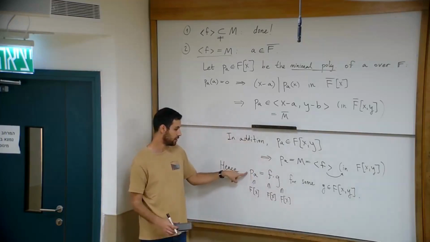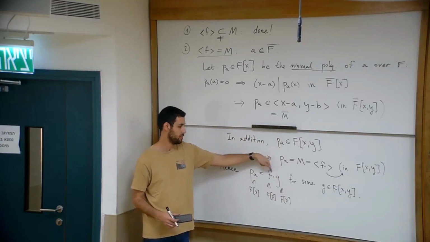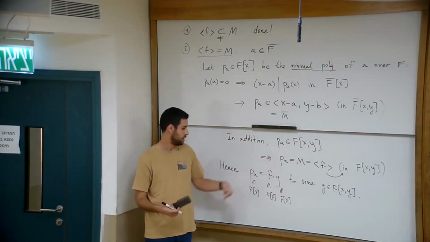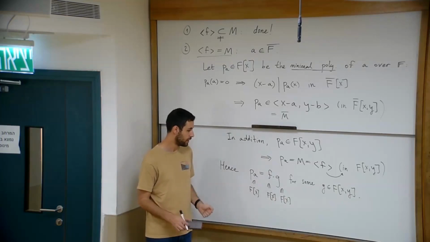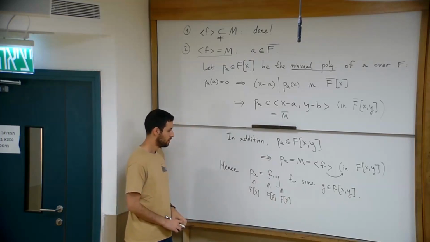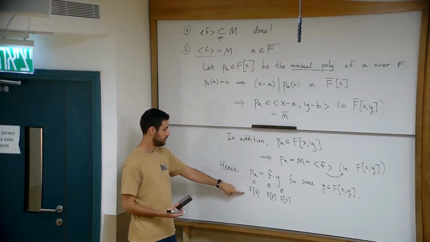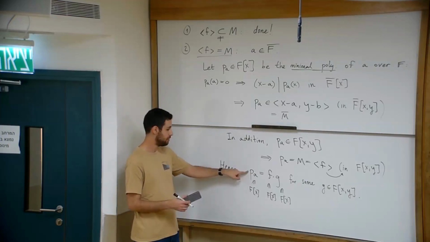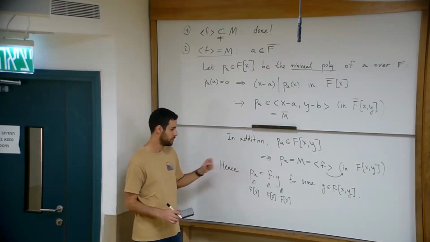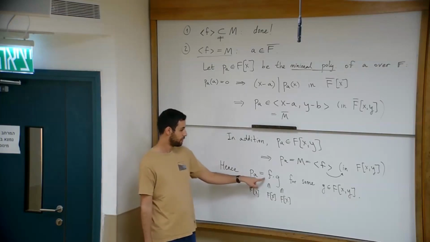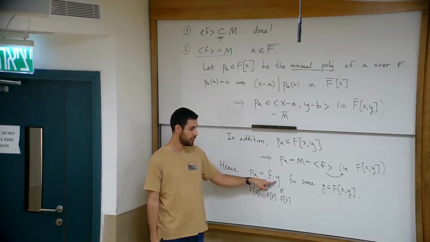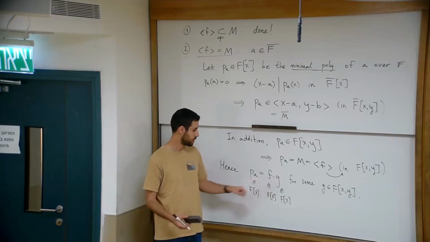Since the degree of y here is 0, it must be that both f and g do not include y. And P of A is irreducible in F x, since it's a minimal polynomial, and the minimal polynomial is always irreducible. That means that if we can factor it as f times g, then one of these must be a unit.